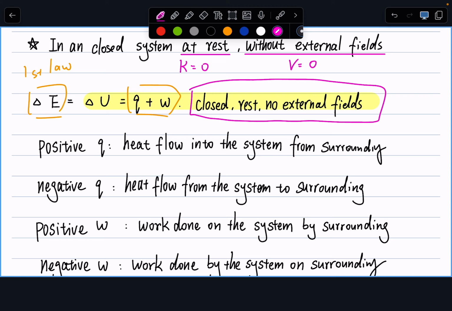And then with all these assumptions, we take into consideration that delta E equals delta U. And then we have delta U equals Q plus W. So that's actually two pieces of information put together into one equation. That's why if you skip pages, it's easy to get lost looking at those equations in the textbook.